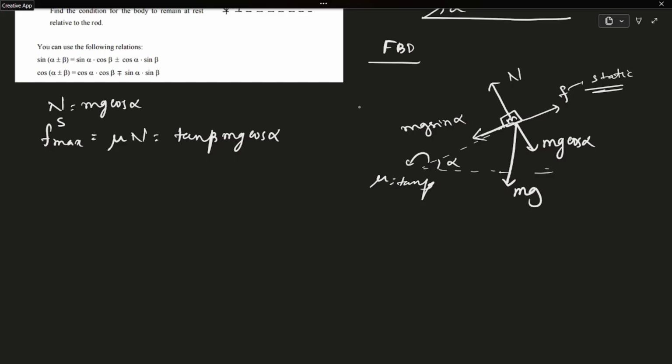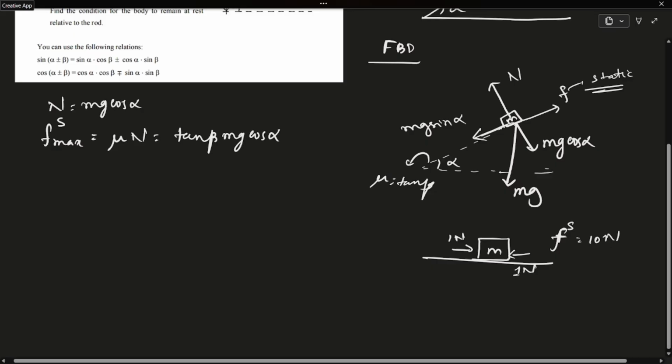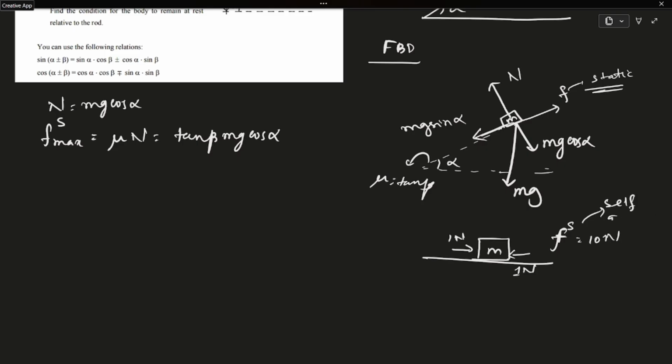See, in this case, if the maximum value of static friction is 10 Newton and we apply 1 Newton, the friction will act with magnitude 1 Newton, not 10 Newton, because static friction is self-adjusting until we apply a force up to the maximum value of friction.